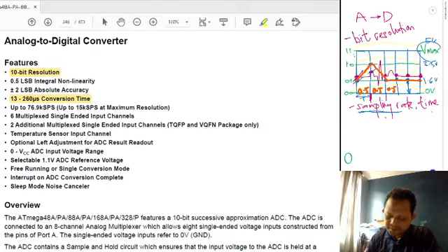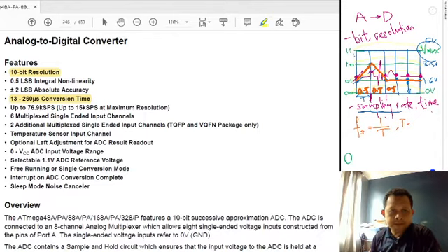The formula for sampling rate: Fs equals 1 over t, where t is your conversion time, or basically the time between two conversions.